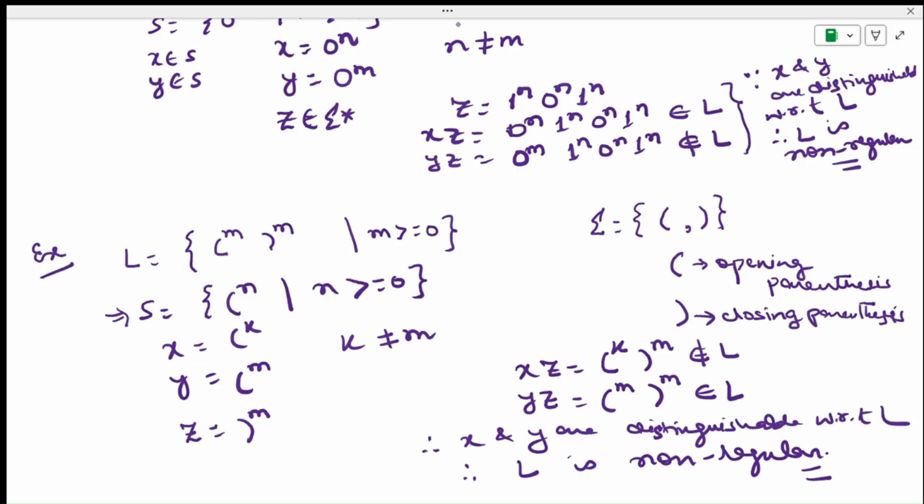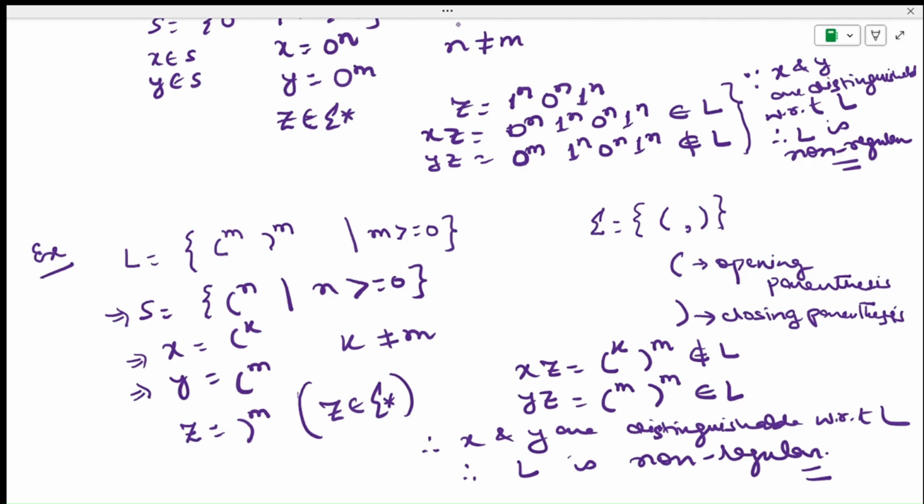From this subset, take out the string x, take out the string y and then take some string z. Remember that this z belongs to sigma star, that is any string from sigma star. And then perform the concatenation operation.